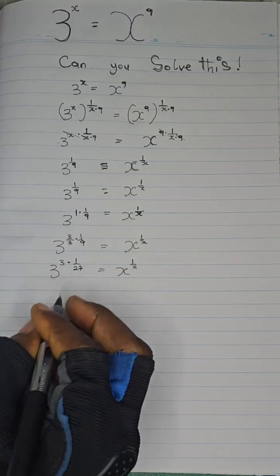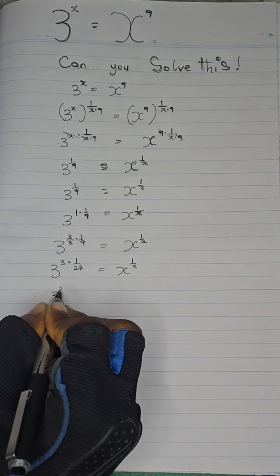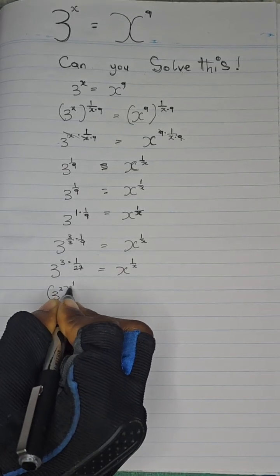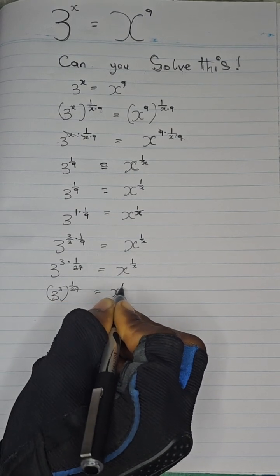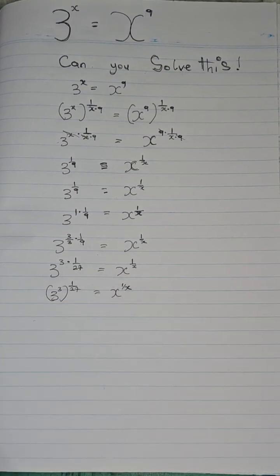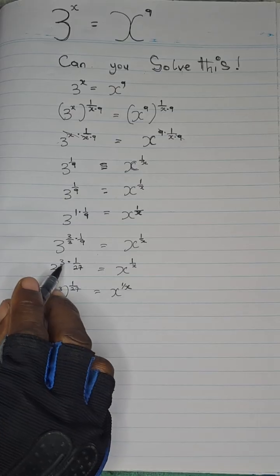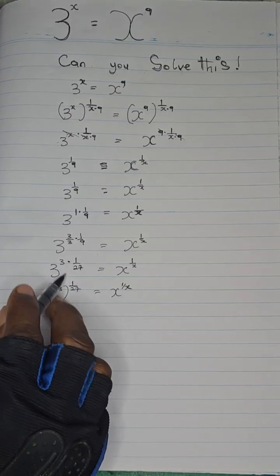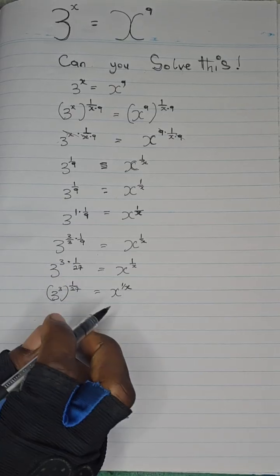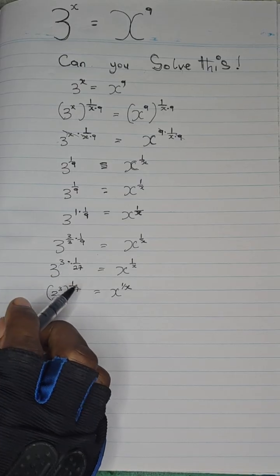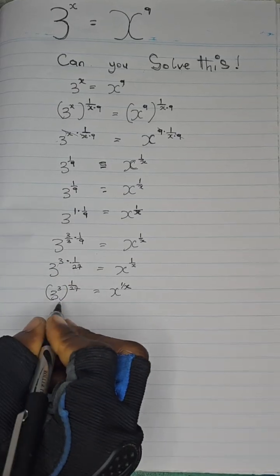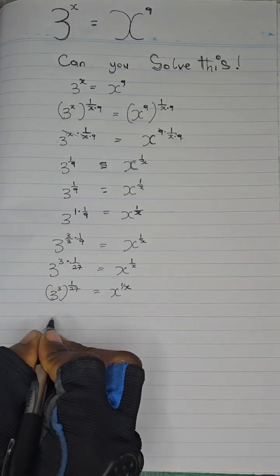So I can put this in bracket. It will be 3 raised to power 3. Remember the law of indices. You can separate the power in this form. When you remove the bracket, it will still come back to this form. So we call it the power rule. That's very simple. So next thing, 3 raised to power 3 is 27.